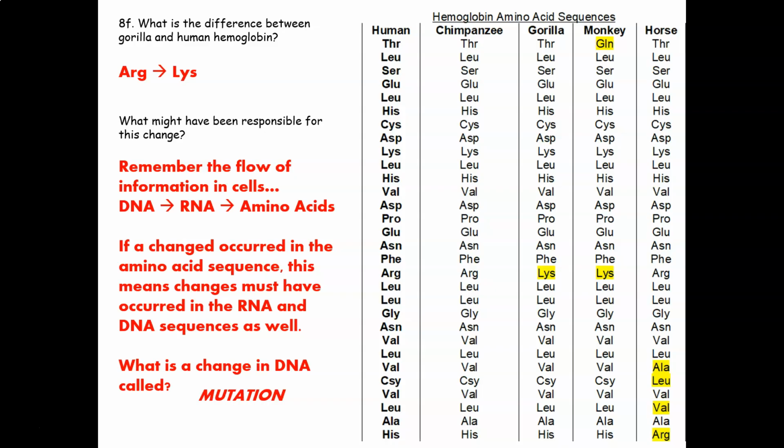It's a mutation. So somewhere along the way, as those gorillas and those humans were evolving and branching off from each other, diverging from each other, some sort of mutation occurred in the genetic structure of what would ultimately become humans to make that arginine, where in the gorillas it was the lysine.